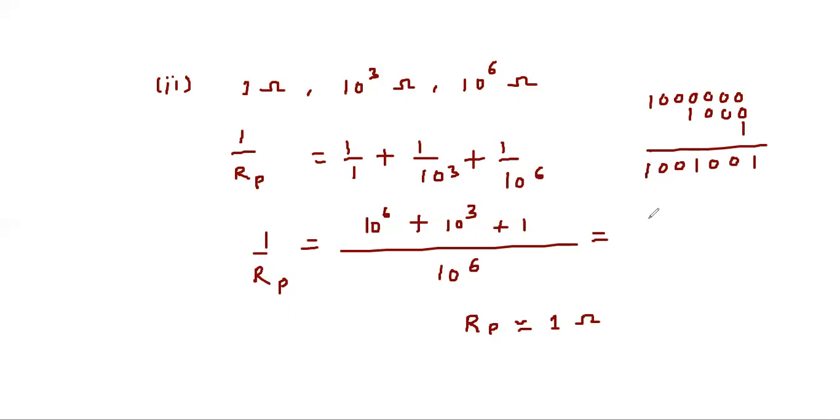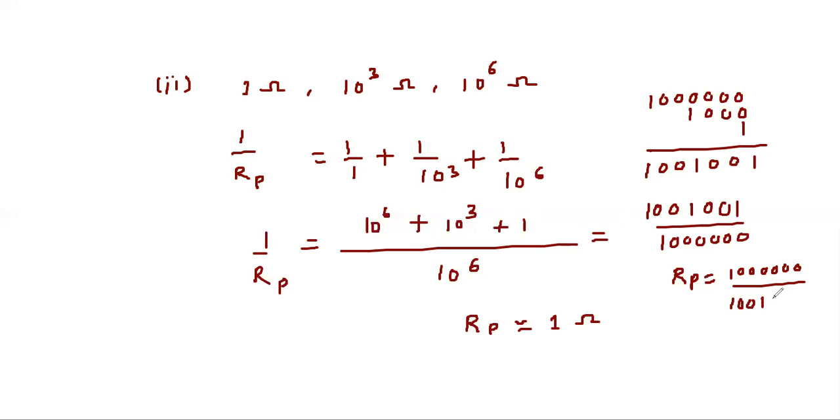So this will be equal to 1001001 divided by 1000000. Ultimately, it will be Rp equal to 0.99. So that is equal to 1. Now, let's take next question.